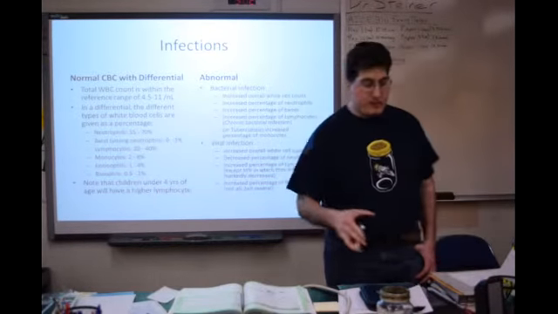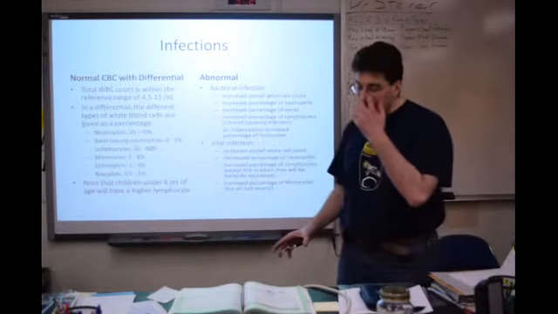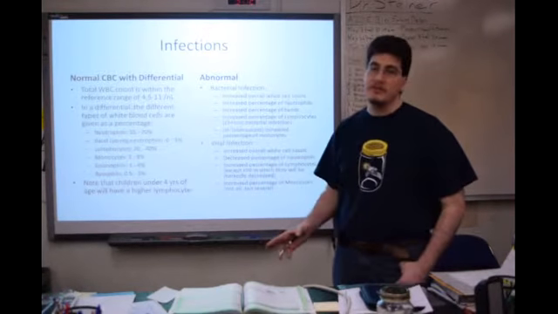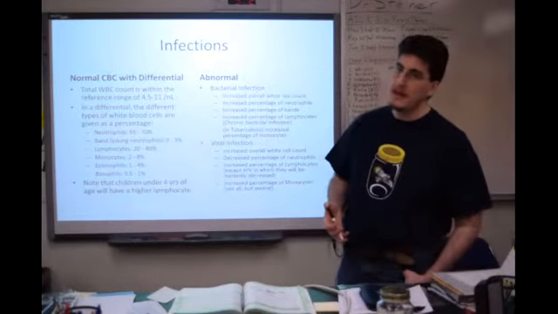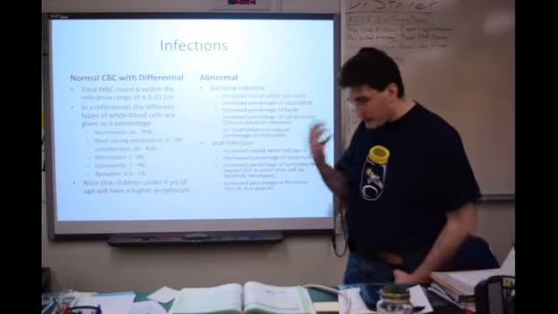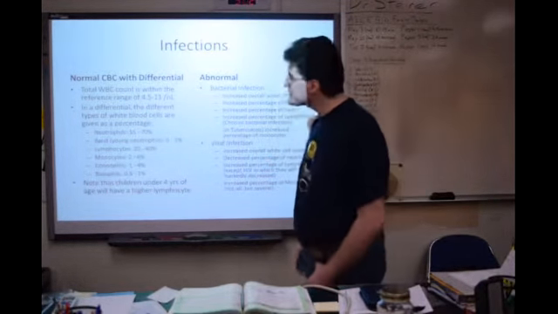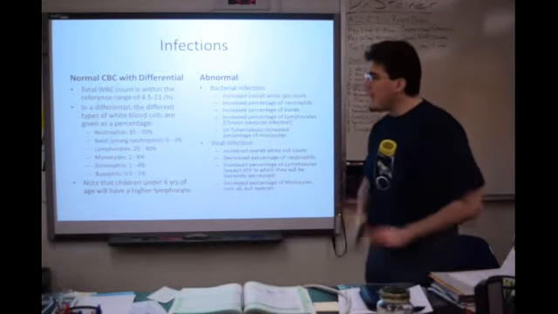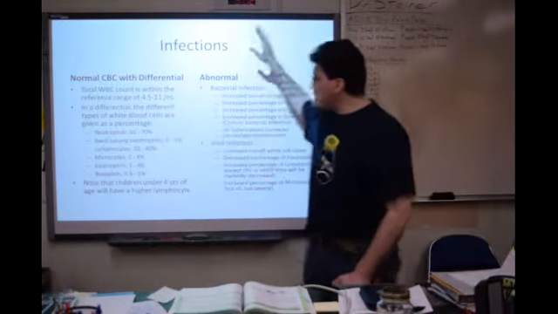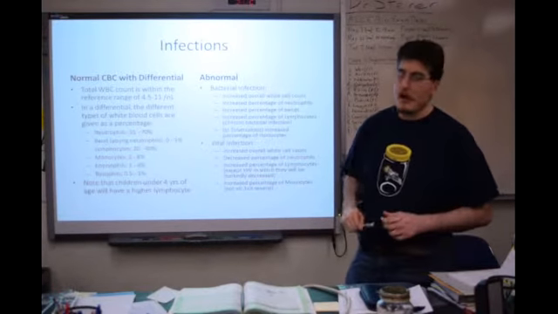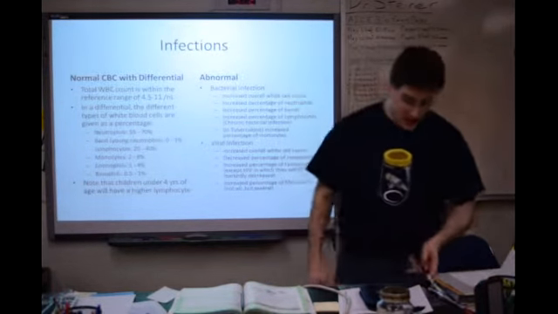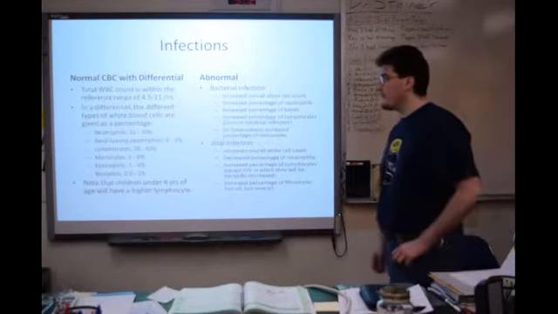Children under the age of 4 will have a higher percentage of lymphocytes, and this is a result of the thymus gland being in play, among other things, but that's a factor. So now that you know the normal, let's talk about the abnormal. In a bacterial infection, the first responders to bacteria are neutrophils.